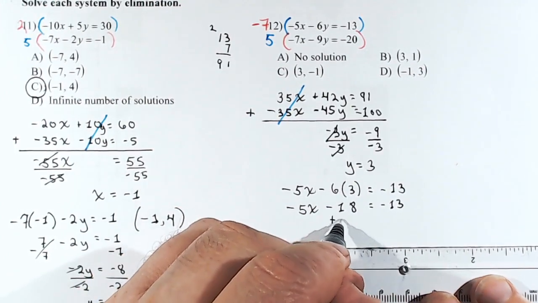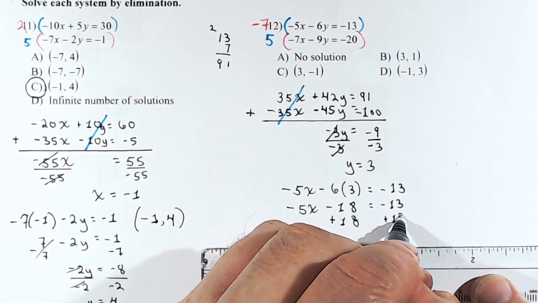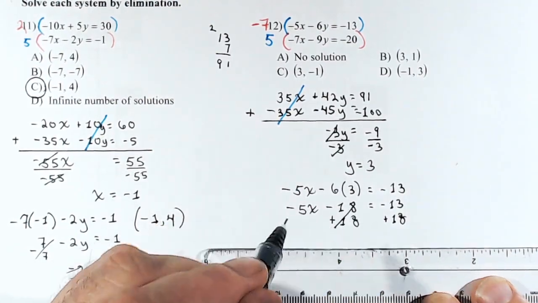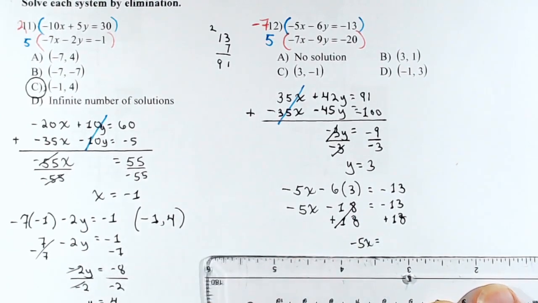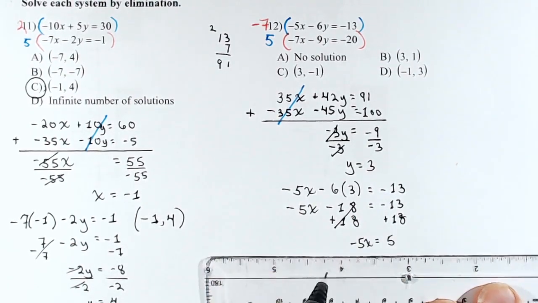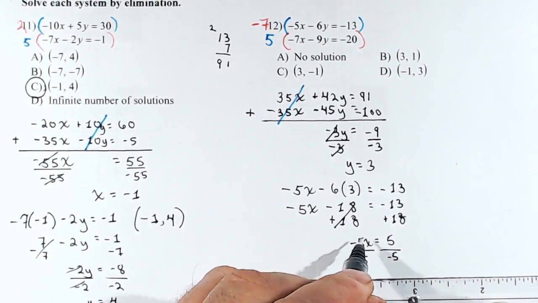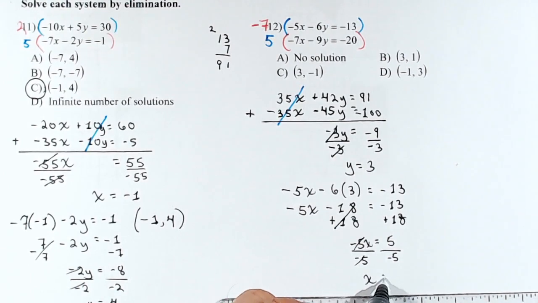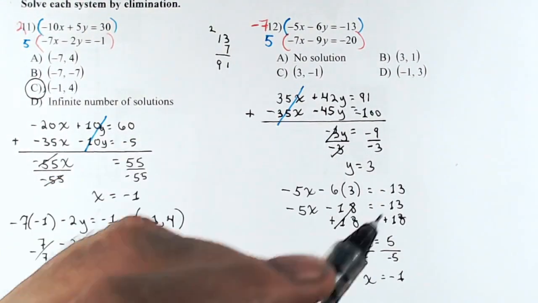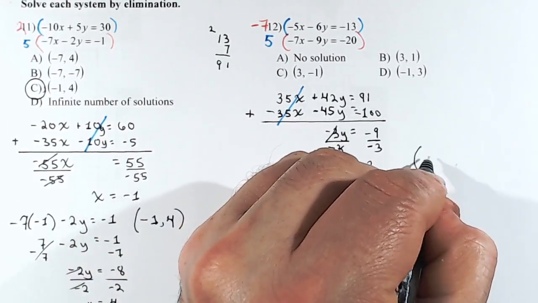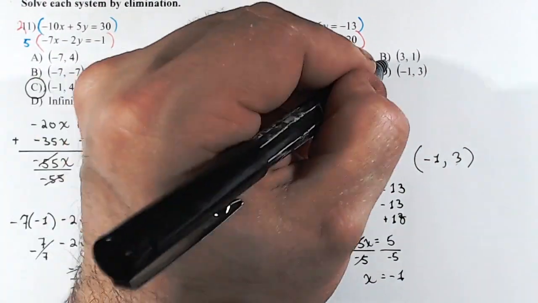And now I'll add 18 to both sides. Okay, cancel those, and now I have negative 5x equals positive 5. Can divide by negative 5. Cancel, cancel. x is equal to negative 1. Okay, so y is 3, x is negative 1, so my solution to my system is negative 1, comma 3. That's D.